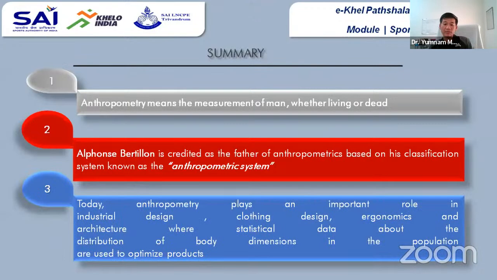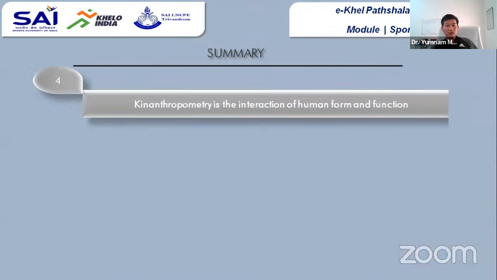Anthropometry plays an important role in industrial design, clothing design, ergonomics, and architecture, where statistical data about the distribution of body dimensions in the population are used to optimize products. But kinanthropometry mostly focuses on the sports population. It deals with the relation between human form and function, the interaction of human structure and function.